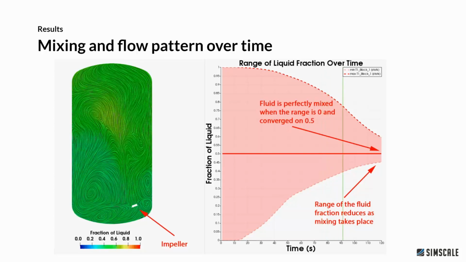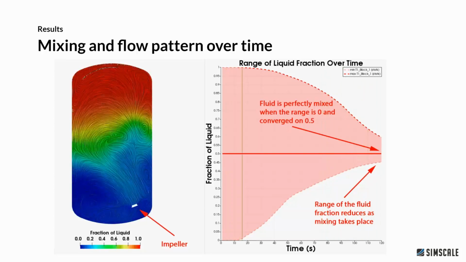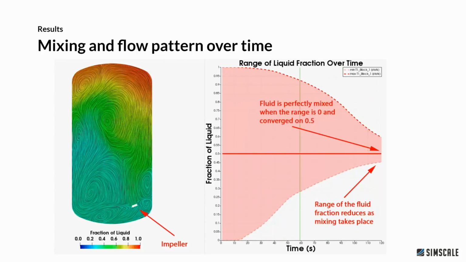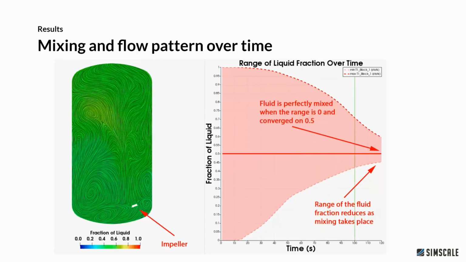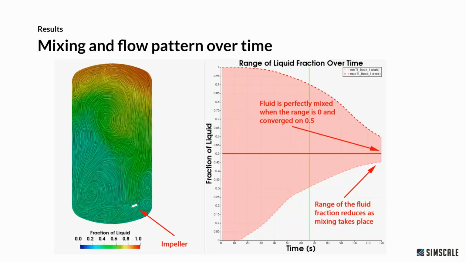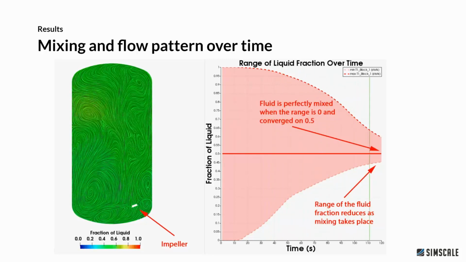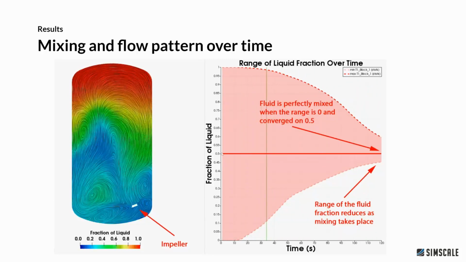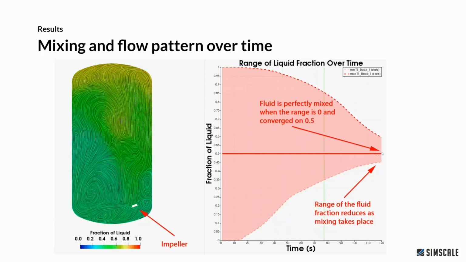And as we can see on the left, this is visualised in terms of fraction of the fluid. So 0.5 or green is very well mixed, and red is not very well mixed, blue is not very well mixed. And we can see how that converges towards 0.5 using this animation over time.